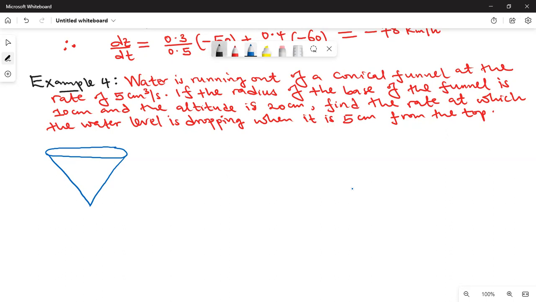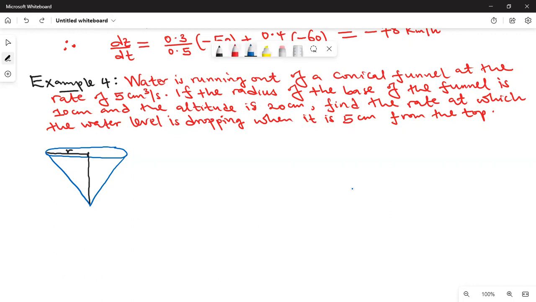Now, at any time t, the radius of the base is r, and the height is h. That is at any time t. But you see, this is a funnel where the radius is 10 and the height is 20. So initially, let me just change this. Instead of h, I'm going to write 20.